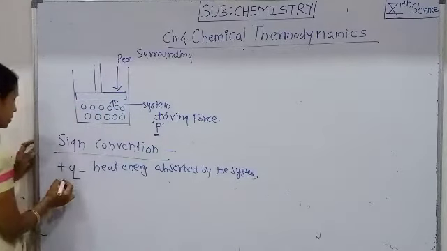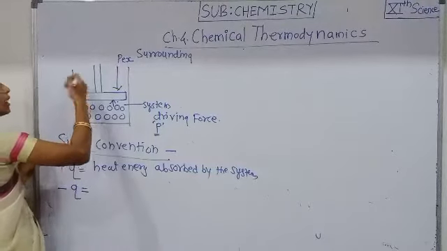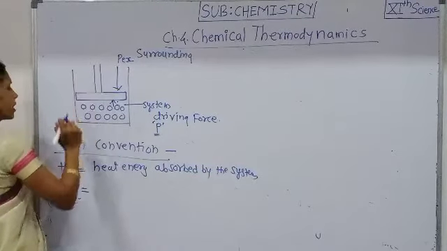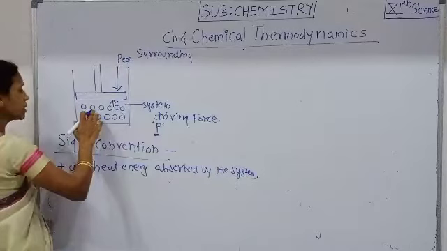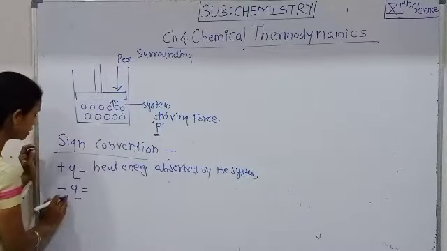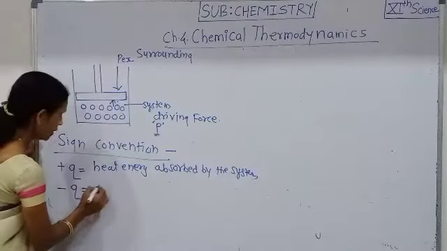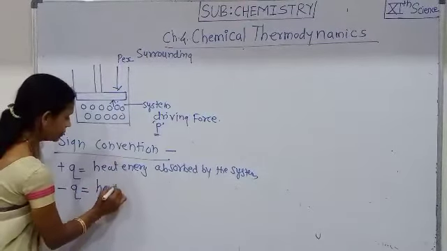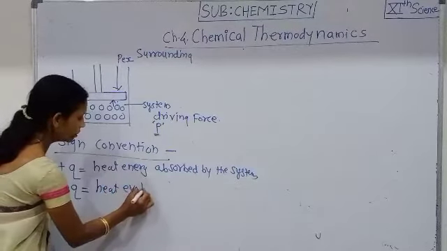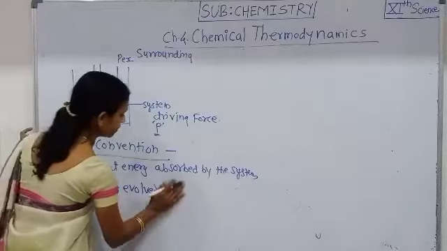And here if the heat is evolved by the system to the surrounding, that means heat exchange takes place from system to surrounding, then it is considered as negative heat energy, that is heat evolved by the system.